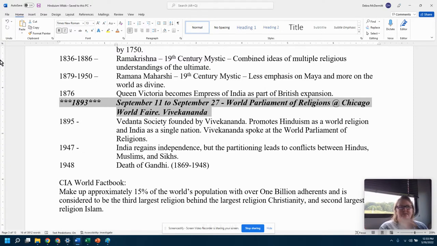And in this process, plus everything that was happening in and throughout India, within about 2 years, he actually founded the Vedanta Society. It promotes Hinduism as a world religion. It helps to understand core concepts and views and understandings of Hinduism.